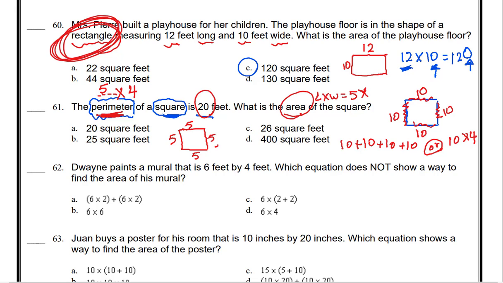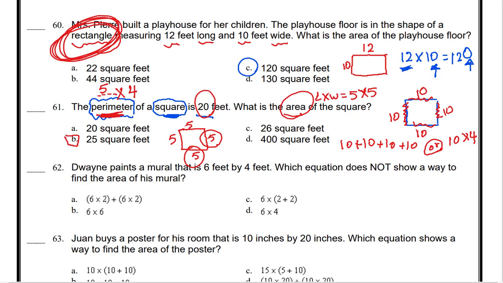So it's 5 times 5. And 5 times 5 equals? My heroes, the correct answer is 25 square feet. Okay, thank you, my hero.